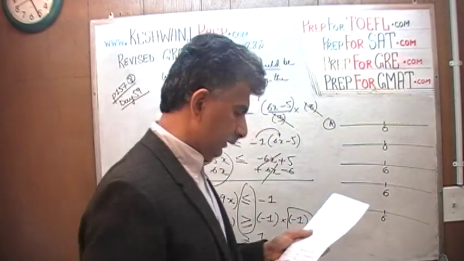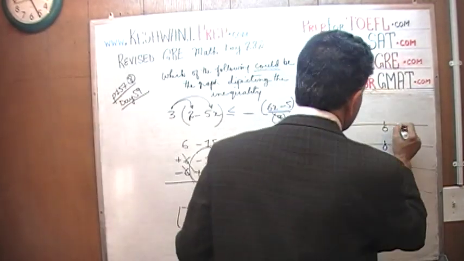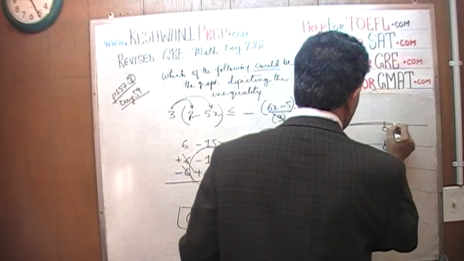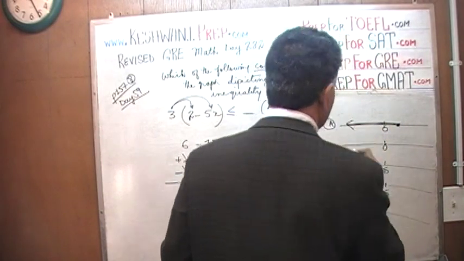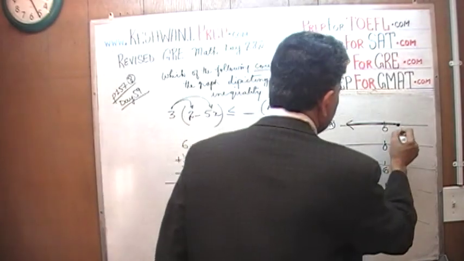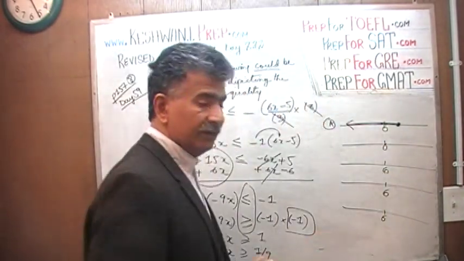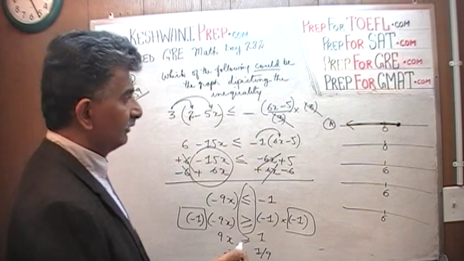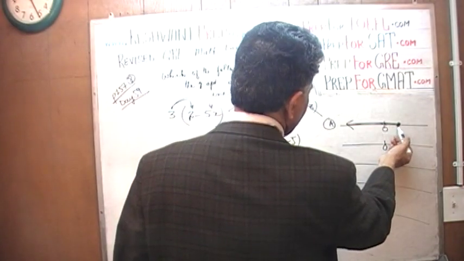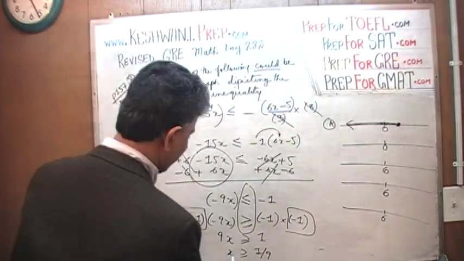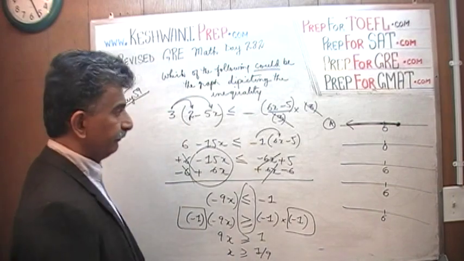In A, it starts with a positive sign, and it goes into the negative territory. What this is depicting is some number which is less than or equal to some positive number. We're looking for something that is more than or equal to a positive number. That's not it.